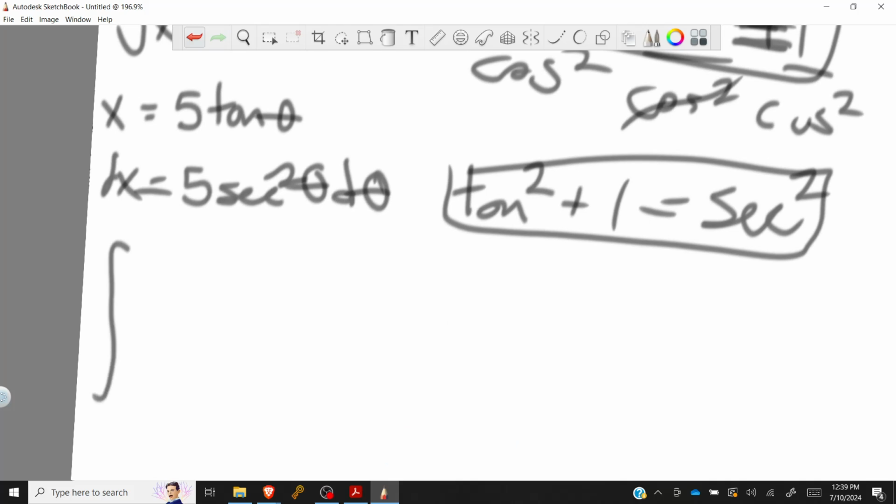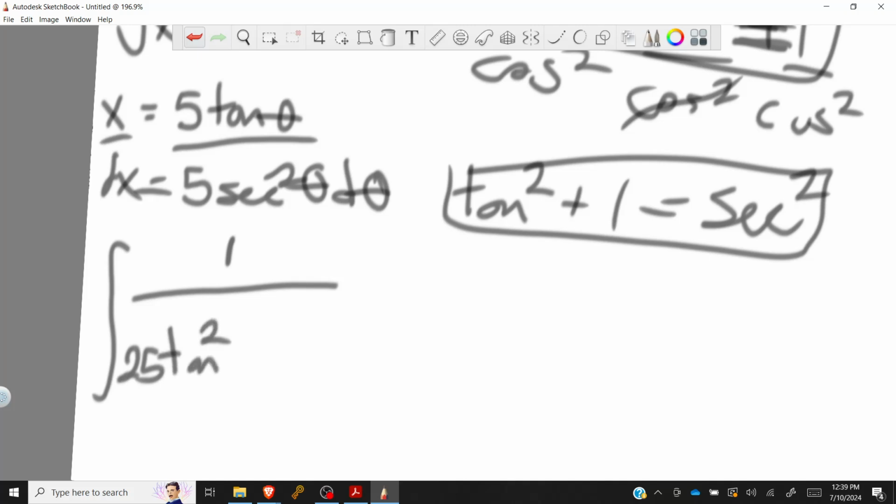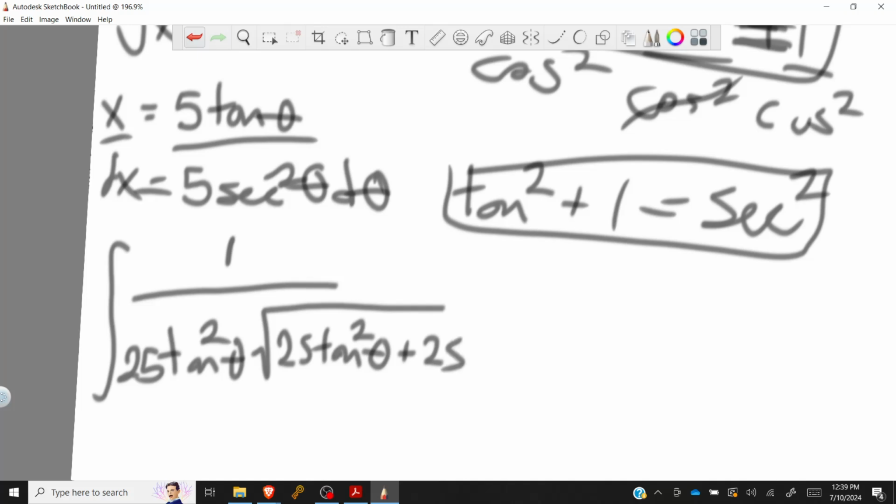Let's plug in x. We have our x squared out in front, so squaring our x is going to be 25 tan squared. Then we have the square root of 25 tan squared plus 25 times our dx, which is 5 secant squared d theta.